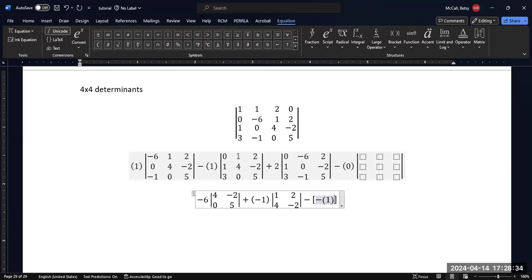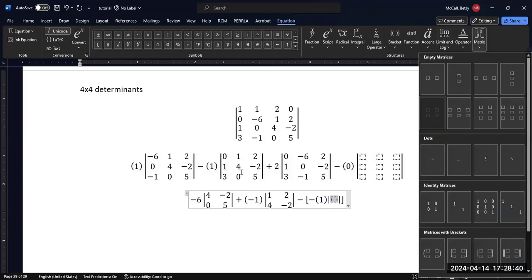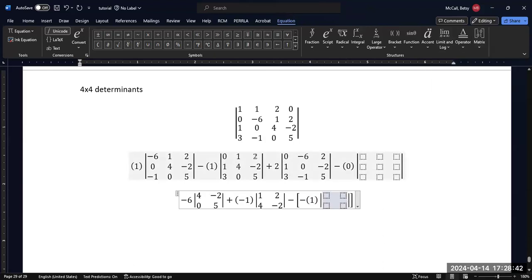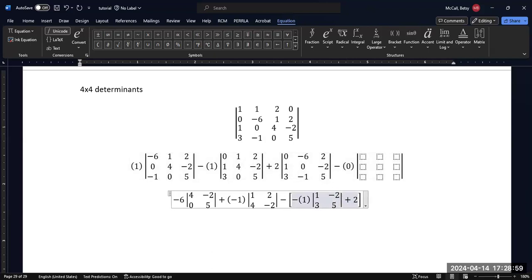This is my negative position. And then I get a determinant, canceling out this row and this column in the middle, because that's where my 1 is. So I get 1, 3, and -2, 5. And then I go over to my 2, we're back to a positive position.